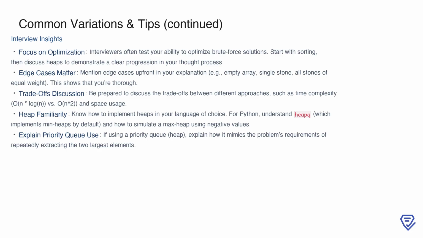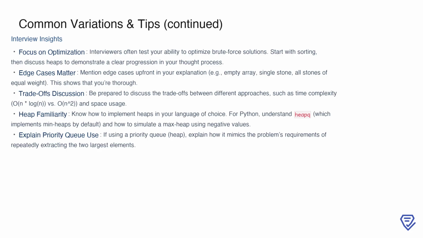Also, ensure you're comfortable implementing heaps in your chosen programming language. For example, in Python, understanding the heap library is essential, as it defaults to a min heap, requiring you to use negative values to simulate a max heap.